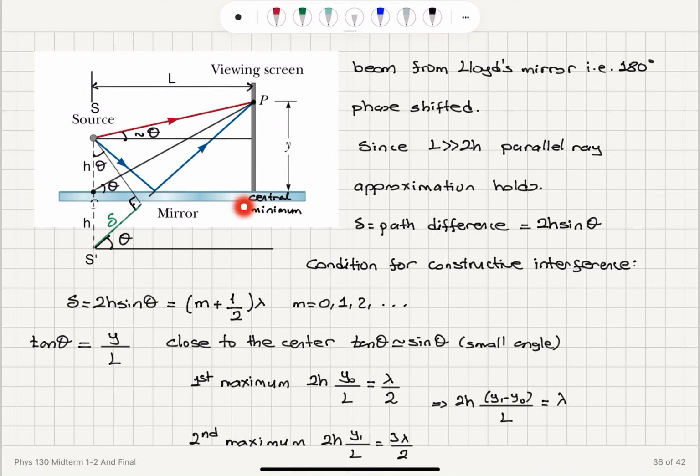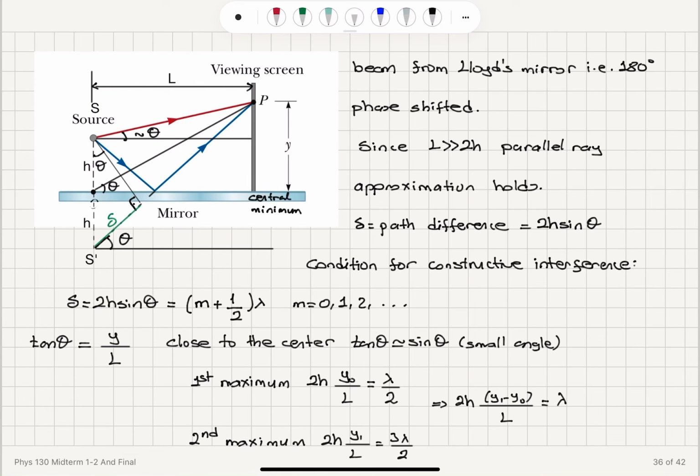Close to the center, when we look at this interference pattern, tangent theta is equal to sine theta, small angle approximation. First maximum occurs for m equals 0, 2h y0 over L, because tangent theta is replacing the sine theta here, is lambda over 2. m equals 1 gives 3 over 2 lambda. That's 2h y1 over L for m equals 1.